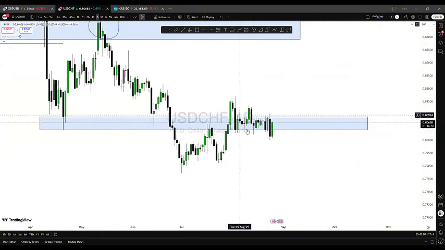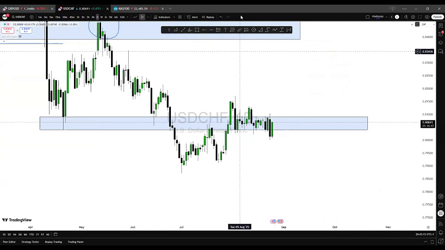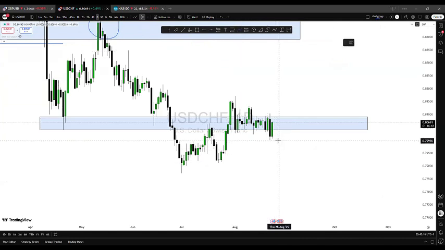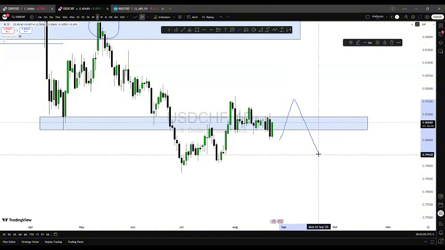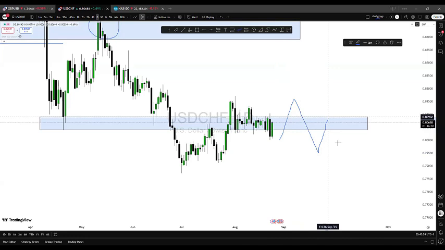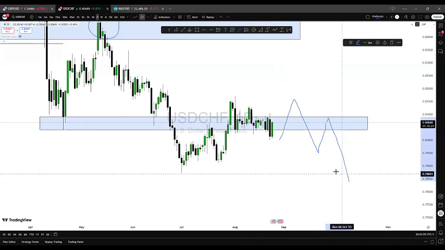So what confirmation am I looking for? A failure of prices to break above this, or if prices break above it, fail to stay above it, break below it, and then go back to retest it again. So for every time prices break a level and come back below it, there's a need for prices to revalidate that level again, or retest it, to prove that it is no longer worthy enough to keep going up or keep going down.